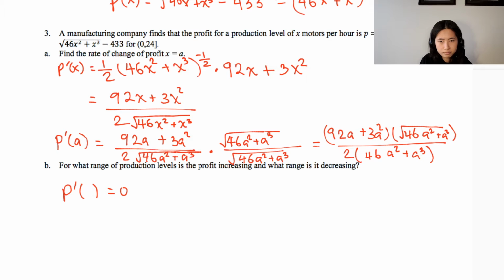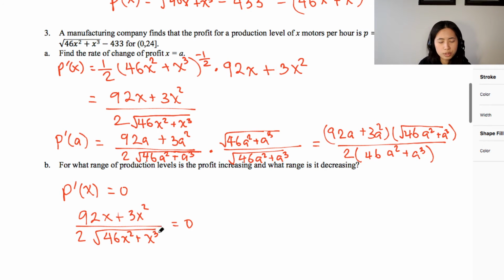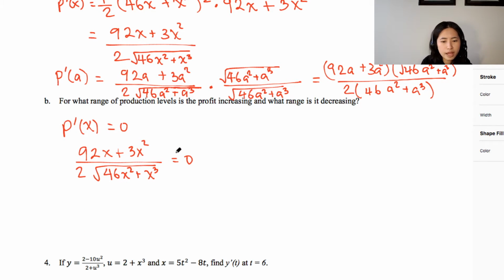Now, because originally we had a here, we can just keep this as x because this is what we wanted. So this is 92x plus 3x squared, over 2 times the square root of 46x squared plus x cubed, and we're equating that to 0. I'm just literally taking this and equating it to 0. As you can see, when you cross multiply, 2 square root of 46x squared plus x cubed times 0 is 0.